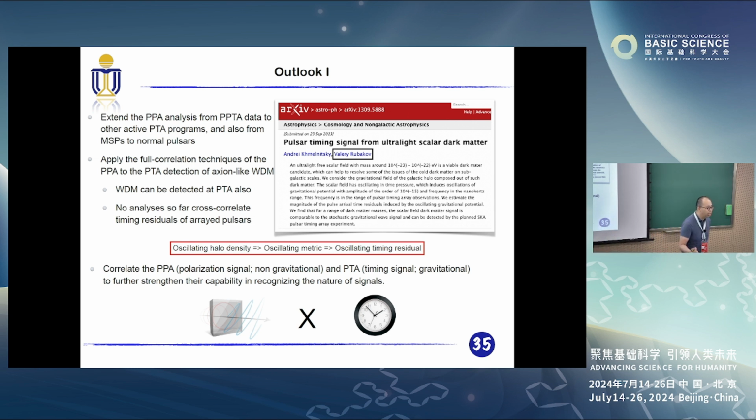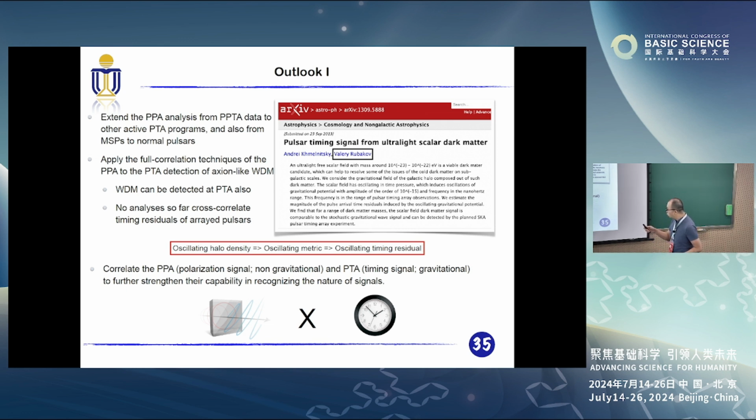And the second reason is that compared to the millisecond pulsars, some normal pulsars are brighter. And this is an important factor which may influence the precision of the polarization measurement.